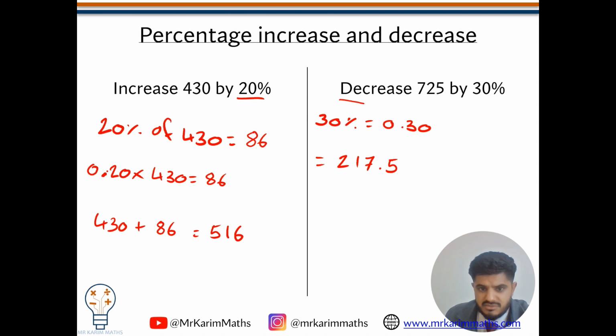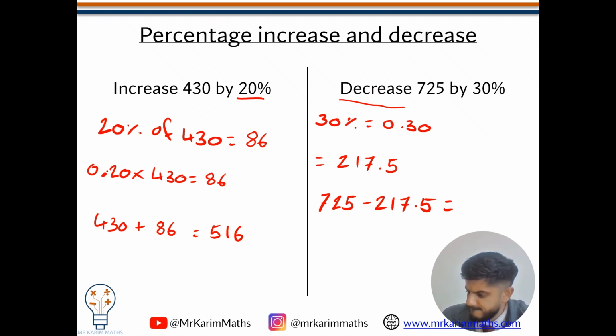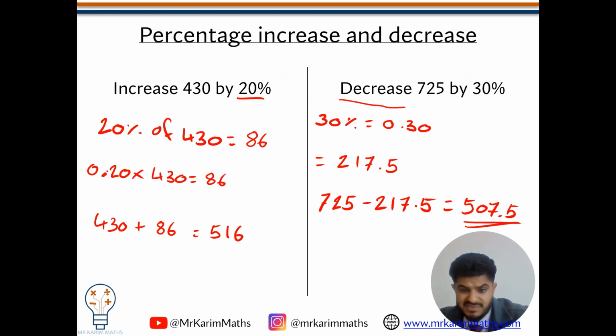Because it's decrease, we're going to do 725 minus that 217.5, which is going to give us 507.5, which is the correct answer, but I can do this in one line, and I want you guys to be able to work this out in one step. So let's see how to actually do that.